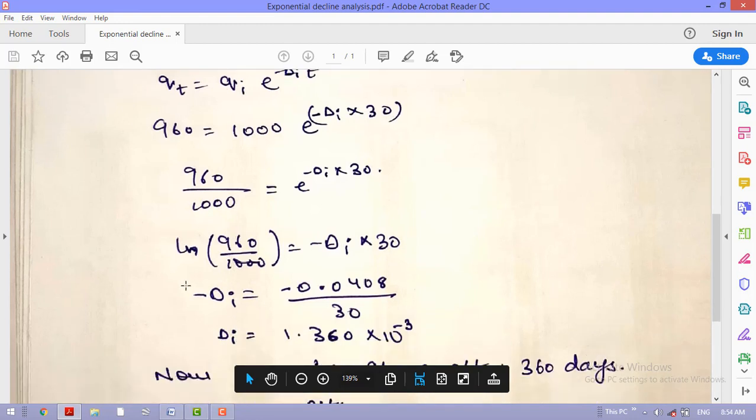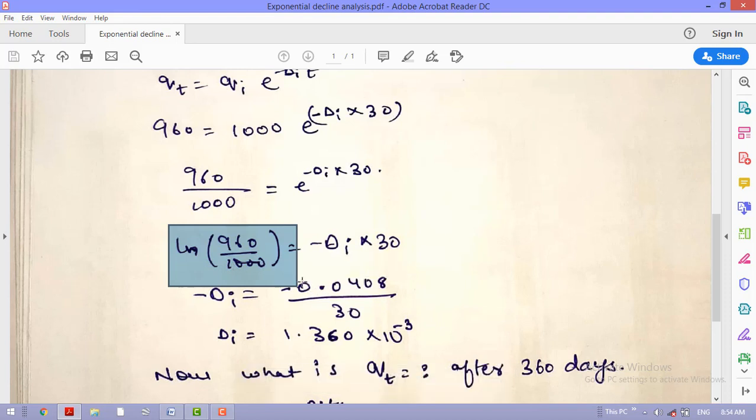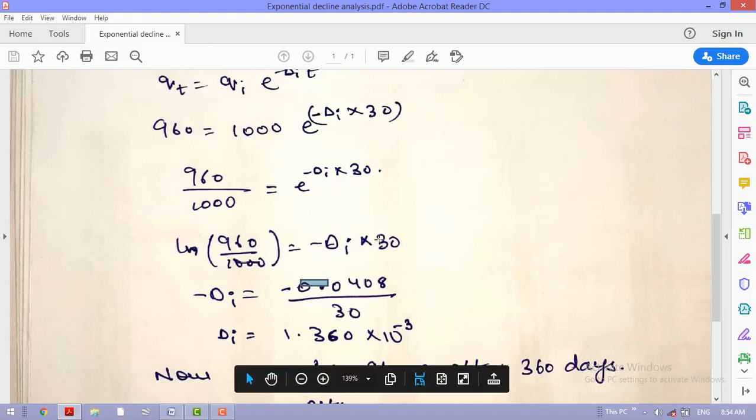So minus DI is equal to, when I solve 960 by 1000 into natural log, I got the value minus 0.0408 divided by 30, which was multiplication in the above step, and when it goes to the opposite side it turns into division.